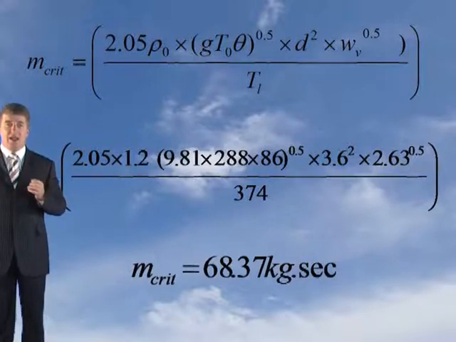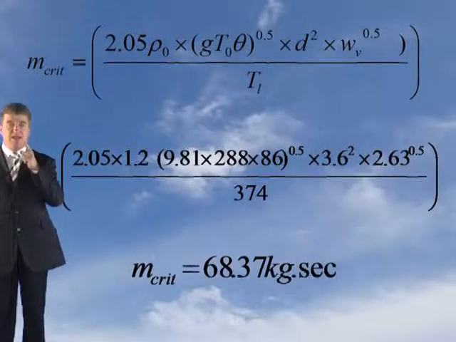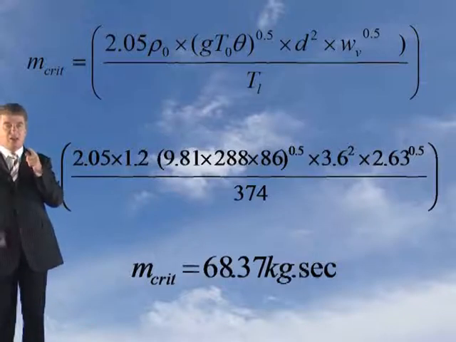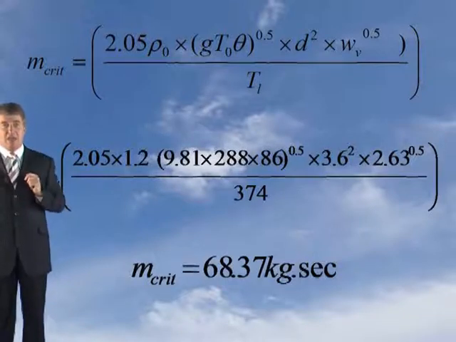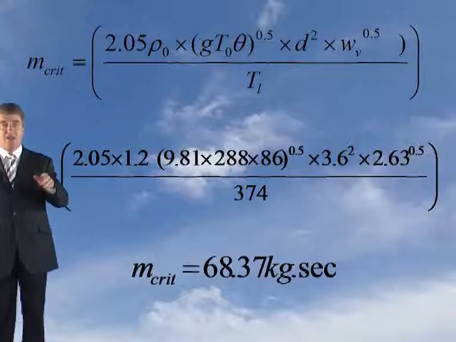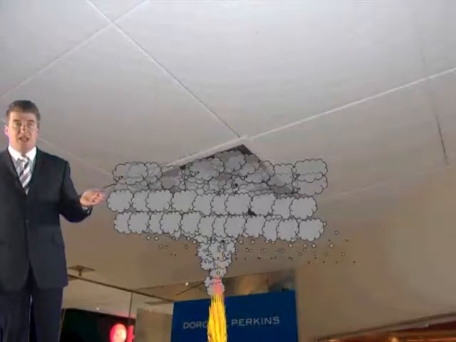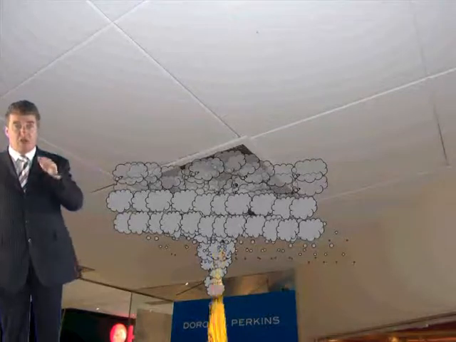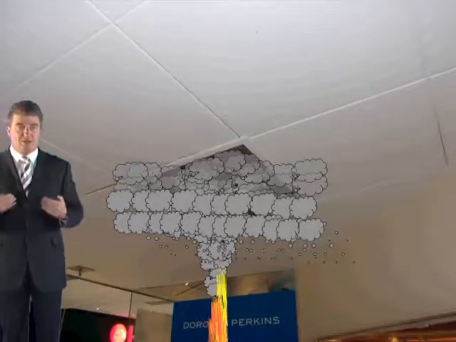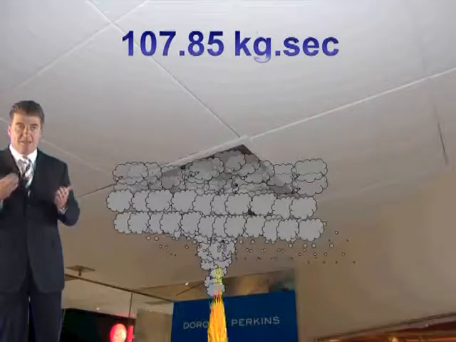This critical value is quite high. What that means is, if each ventilator is extracting more than 68.37 kilograms a second, it's likely to plug hole. Well, in this case, our total mass flow rate of all the smoke in that reservoir is 107.85.